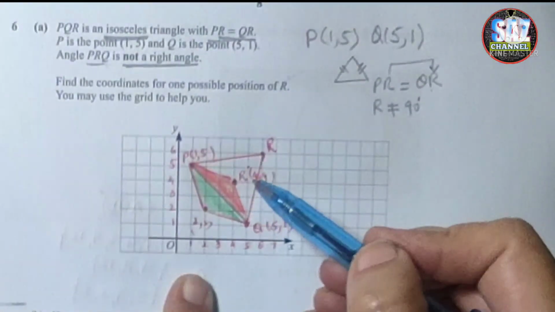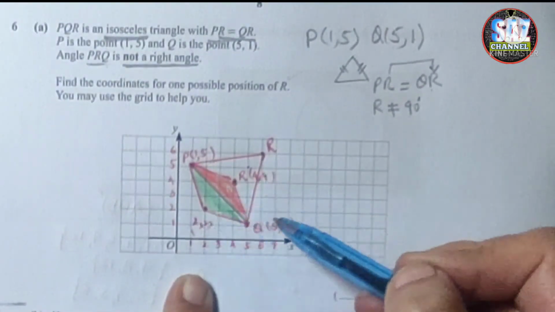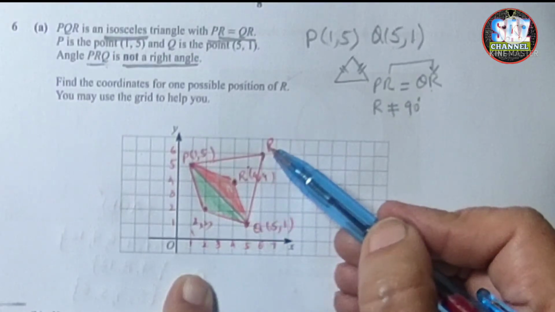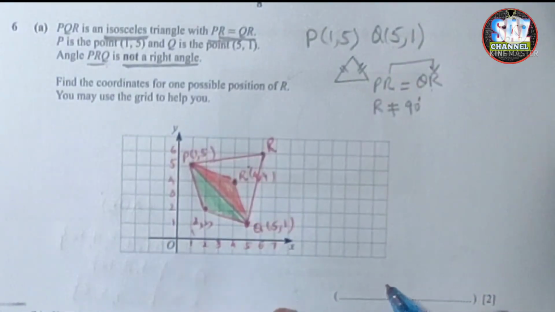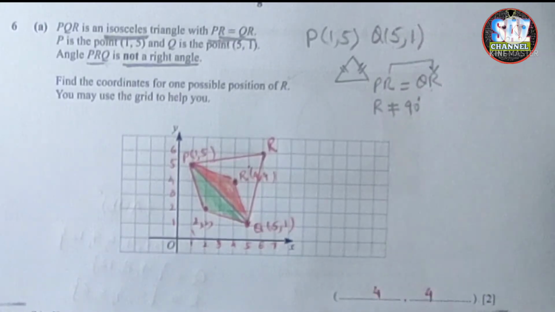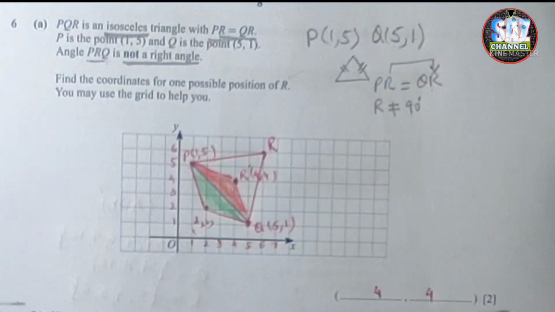So I can either write (4, 4) or (2, 2) or (6, 6). So I'm taking (4, 4) as my required point. I hope you are clear about this.